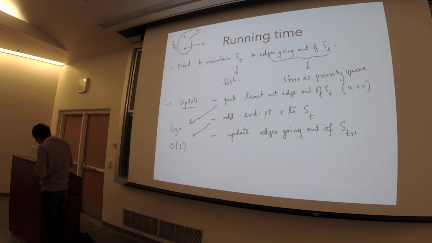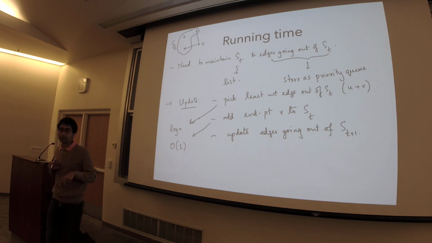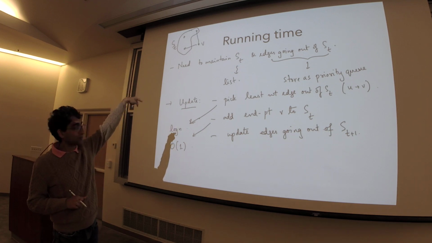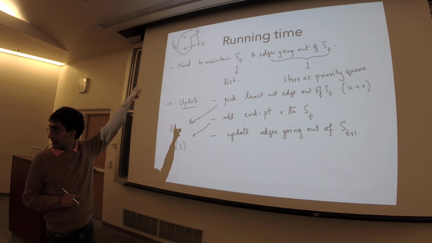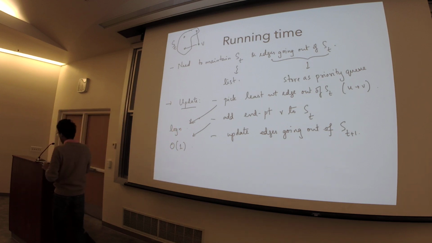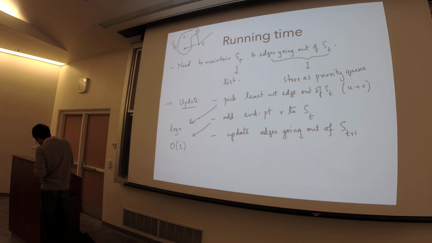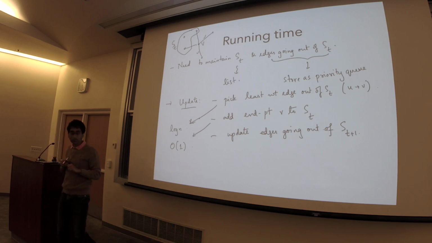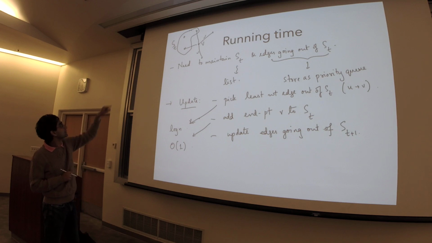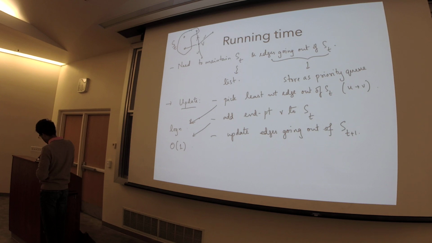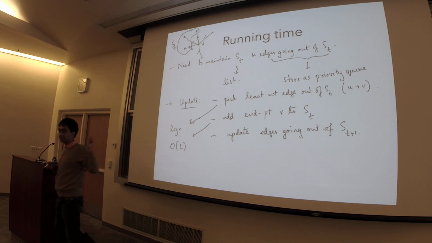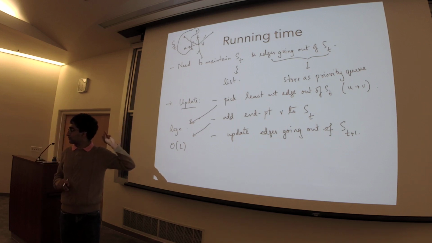We could have had multiple edges to start with from vertices inside ST. And now once you've added V, you definitely have to add edges that go outside of ST union V. But you also have to remove these edges from the priority queue. So you have to remove these edges and add those. Okay.